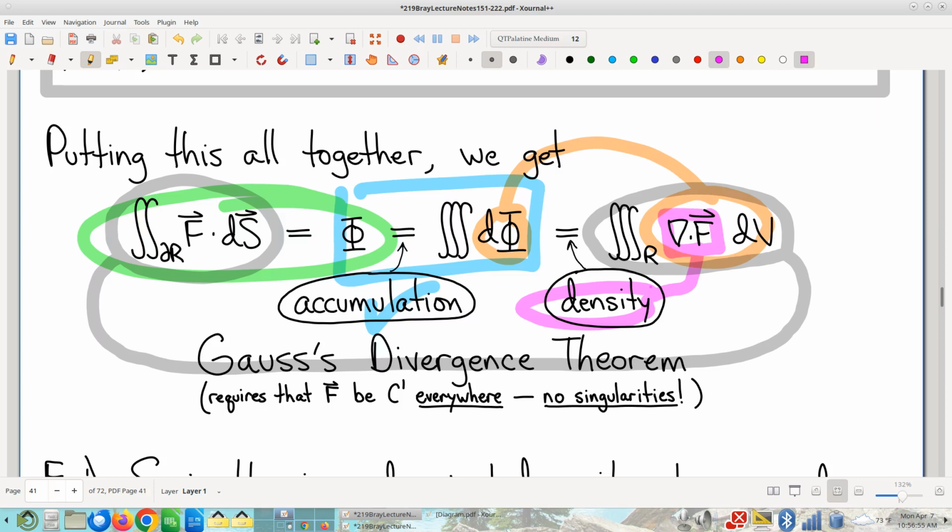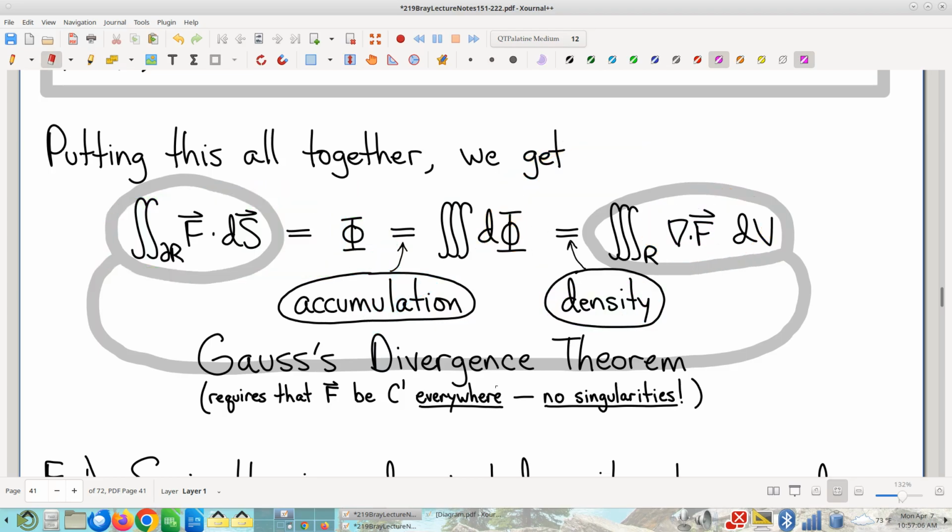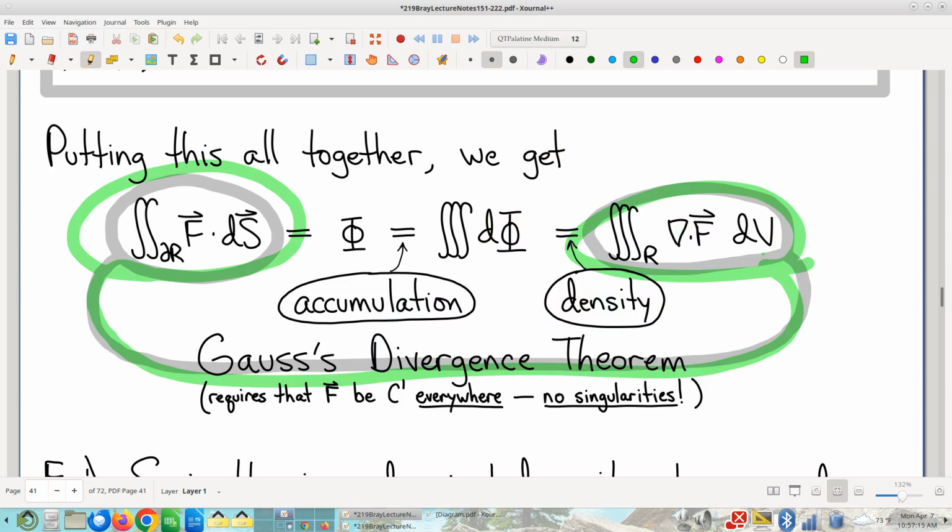That is, we plug in our recently developed idea of density, flux density in this case. And so, boom, we have ourselves a theorem. Again, strategically identical to what we did with Green's theorem. This result here, known as Gauss's divergence theorem.